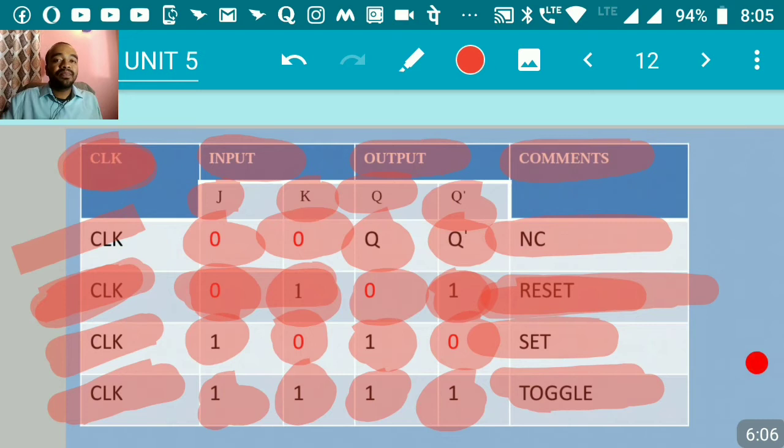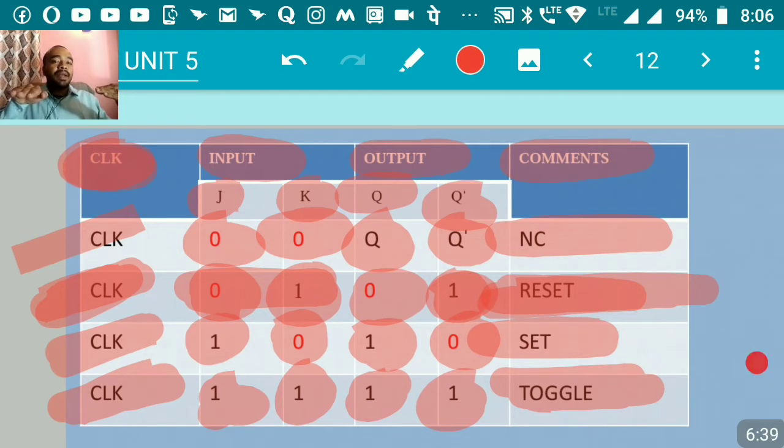Observe very carefully. In the previous flip-flops, for example SR flip-flop and clocked SR flip-flop, we used to have an invalid state over here, but here it is not invalid, it is a toggle state. It is a toggling state of your given flip-flop. What does the toggling state mean? Once you apply the clock pulse, the flip-flop goes into a set state, and again you apply the clock pulse, the flip-flop goes to the reset state.